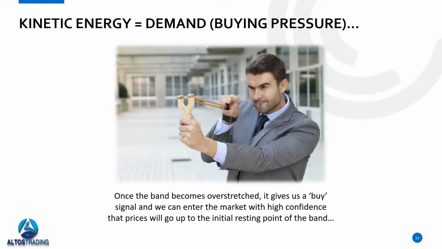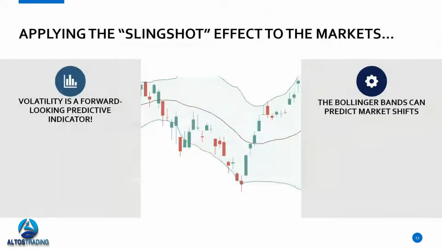But you want to look at it as demand. You want to look for the buying opportunity. So once these bands become overstretched, it gives us a buy signal, and then we can enter the market with high confidence that prices will go up to the initial resting point of the band. This is the essence of the slingshot.